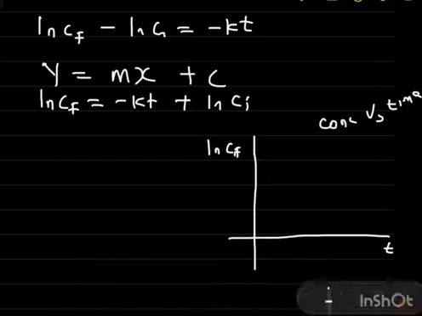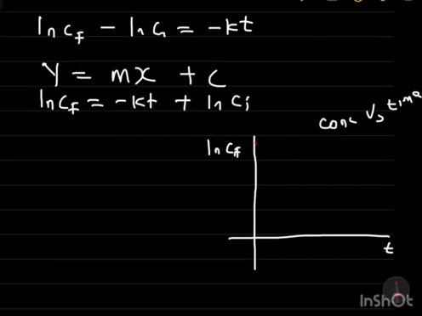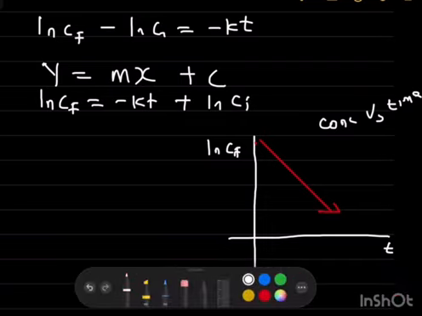Now, since the slope is negative, minus k, the line faces down, and so here is our intercept, that's ln C initial, and the slope here is our minus k.